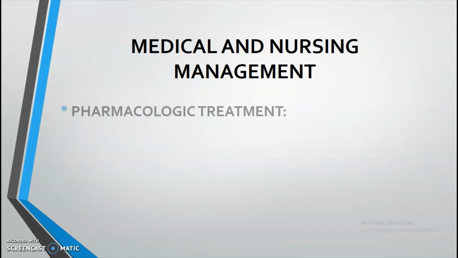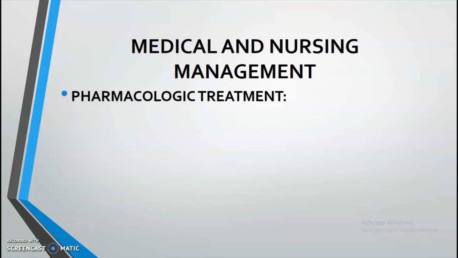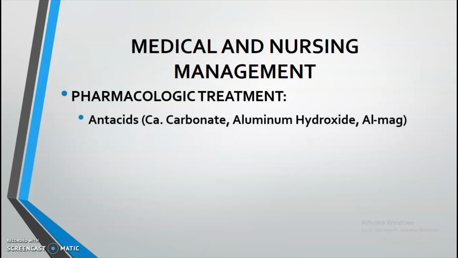Another management is that we can give drugs that can actually decrease the production of these gastric secretions, gastric acids and gastric enzymes. There are several drugs that can be ordered by the doctor to give to our patient as prescribed. Number one, there are your antacids.